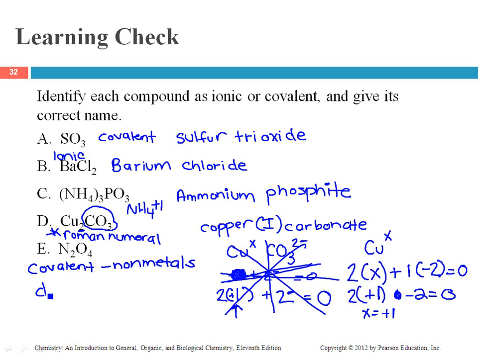And we have to write out dinitrogen and we would have tetroxide. Okay, so you may be thinking, where did the a go? But we dropped the a because we have a double vowel. We've got an a and an o, so you drop the first vowel. So we get dinitrogen tetroxide.